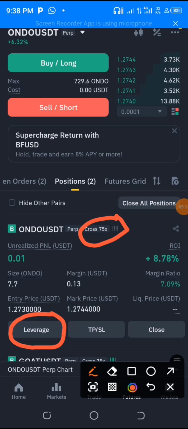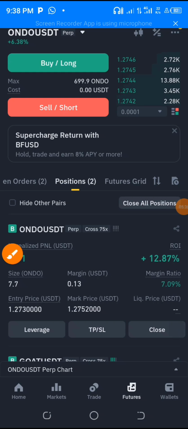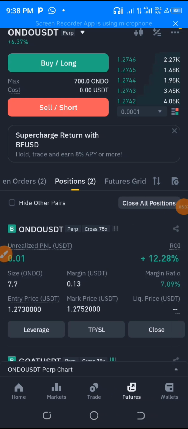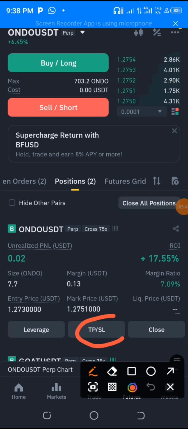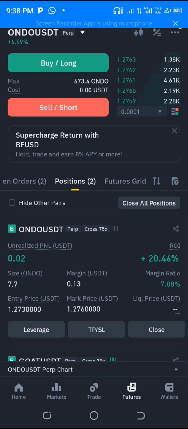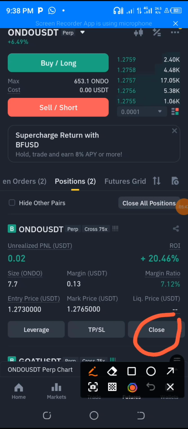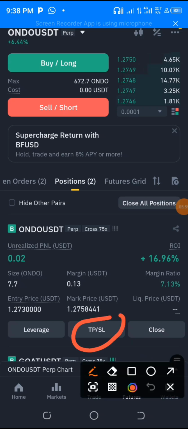After that, we have our next box here, which is our take profit and stop loss box. And the third box is to close the trade. If you want to close the trade, this is where we close it. If we want to adjust take profit or stop loss, that is where we adjust it.